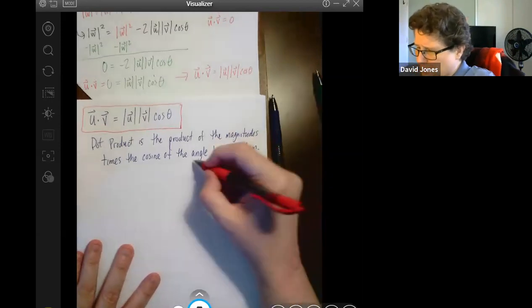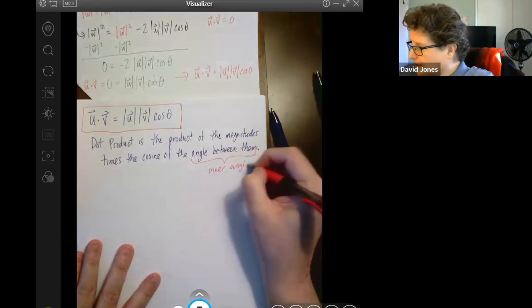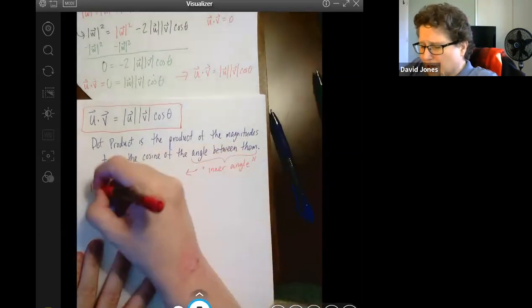Cosine and angle between them, this is often called the inner angle, which might be maybe why they call it inner product.